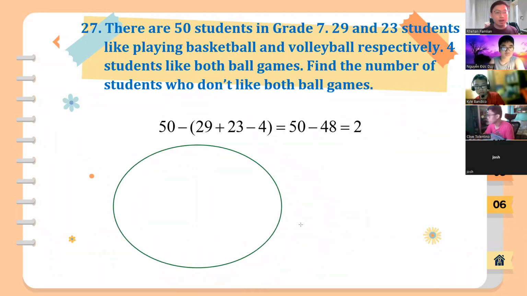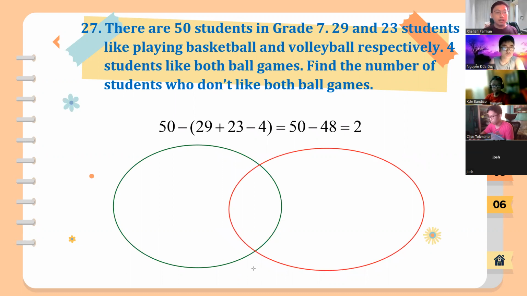This is easier, guys, when you apply a Venn diagram. Let's say there are two circles. There are 50 students in grade 7, and 29 and 23 students like playing basketball and volleyball, respectively.